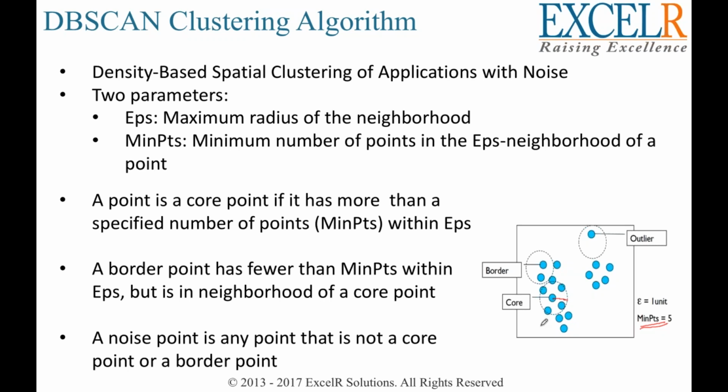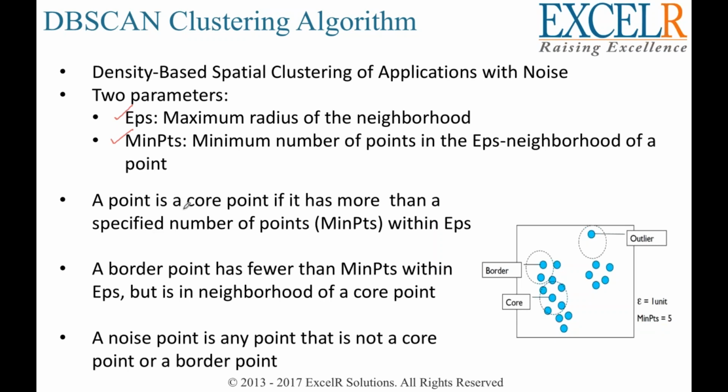Within this circle, how many points, at minimum, do I intend to see? Say I want to see minimum 5 points. So what does that mean? What do you want to explain using these two parameters, EPS and minimum points?